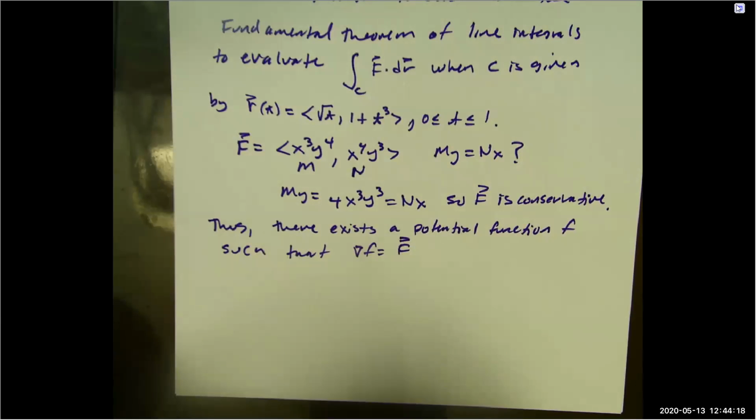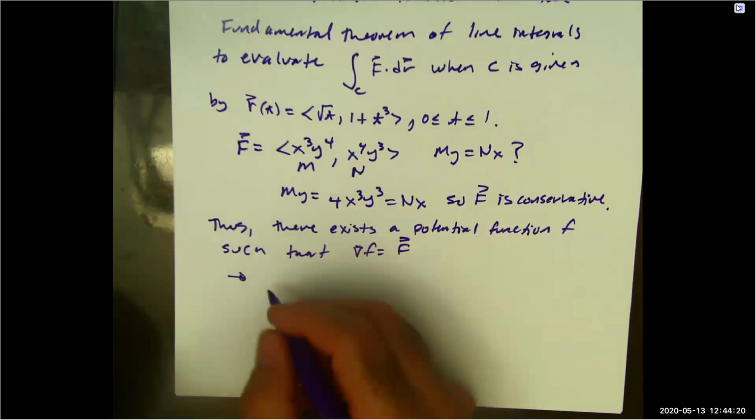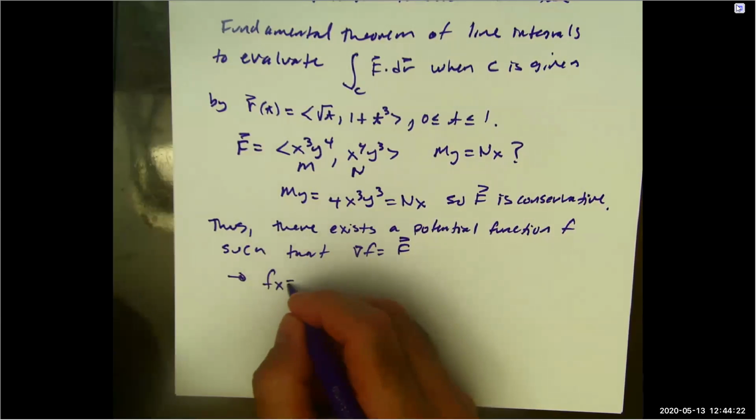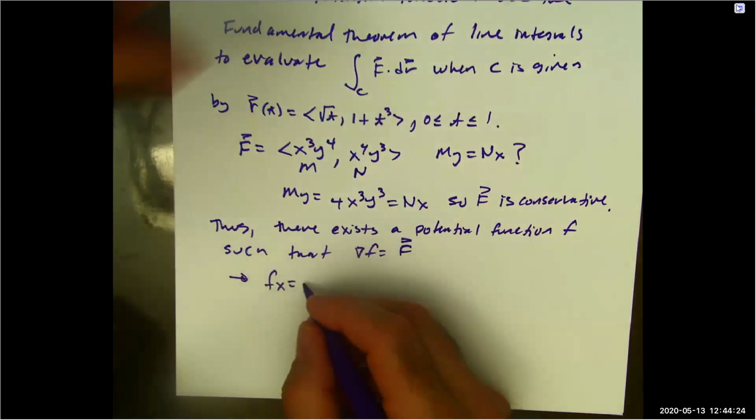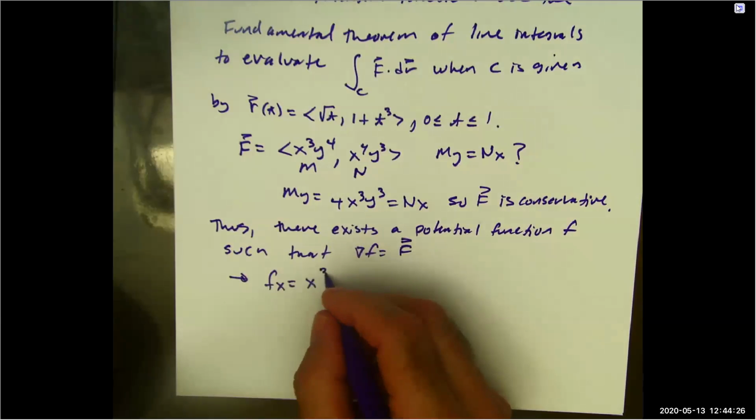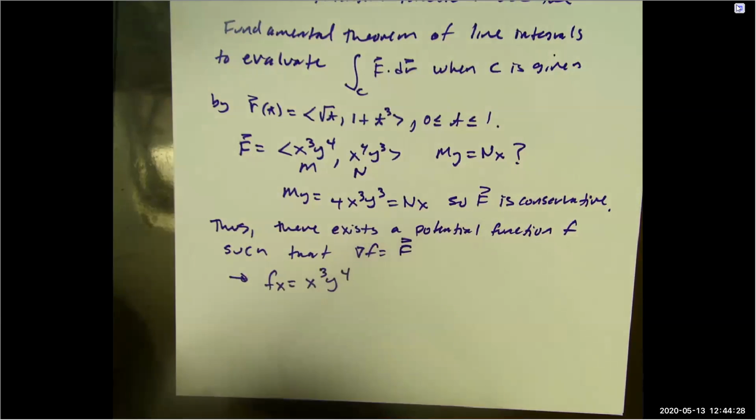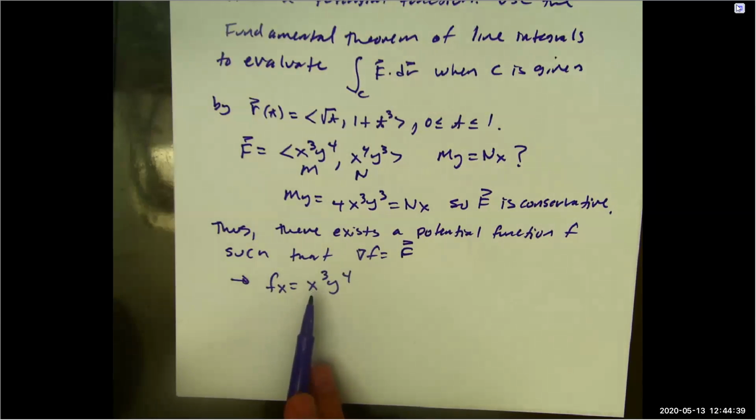Those are going to be the component functions. So this implies that fx is going to be equal to x to the third y to the fourth. And so to find our function, we just integrate with respect to x, and we think of y to the fourth as a constant. So what would be the antiderivative of x to the third? X to the fourth divided by 4.